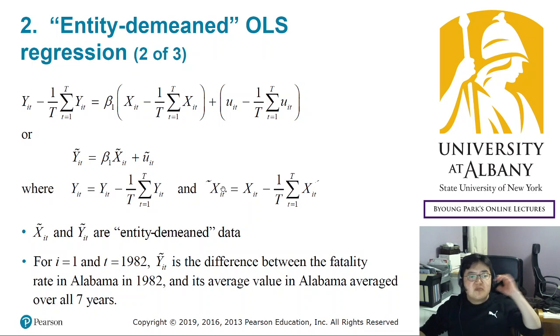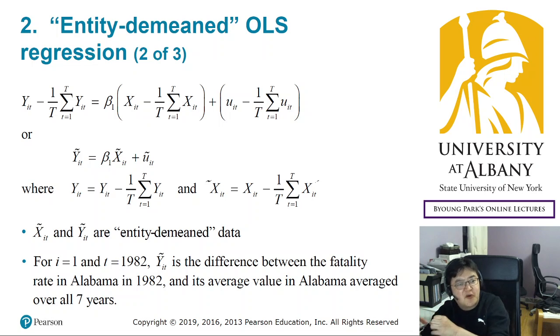So just transform all the observations into a deviation from the average, the deviation from the state's average. So it's entity-demeaned data. We call this demeaned because we subtract the mean. So in the end, the mean will be 0. After subtracting the average, the mean must be 0. That's why it's called a demeaned variable.